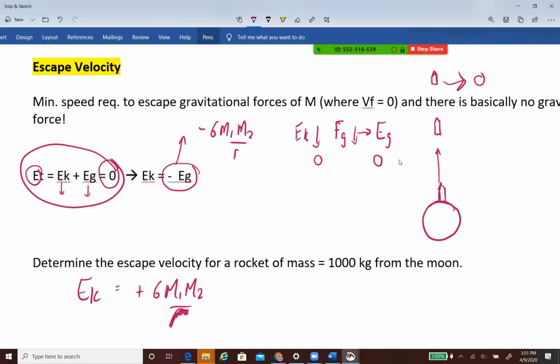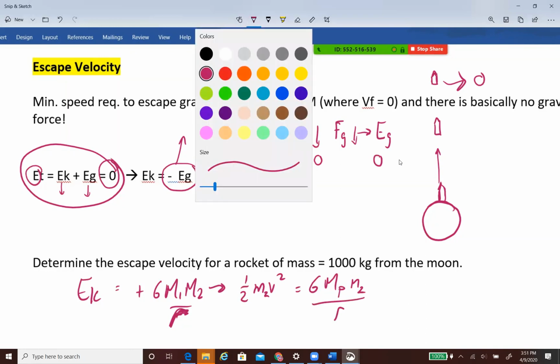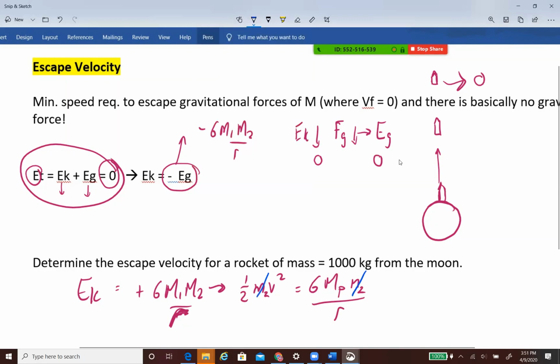So we know EK is 1/2 mv squared, and that's going to equal big G m1 m2 over r. We'll call m1 the mass of the planet or the moon, and m2 the mass of the object trying to escape. Obviously, that means we can cancel out the mass of the rocket or the bullet.